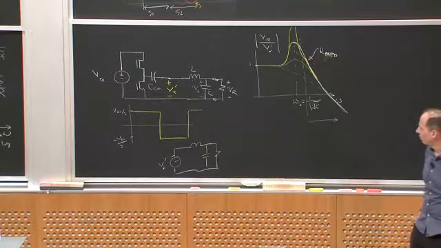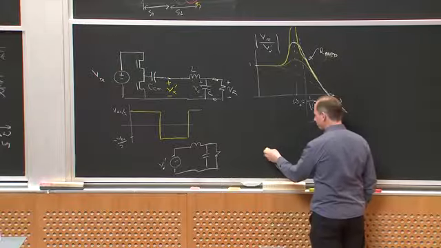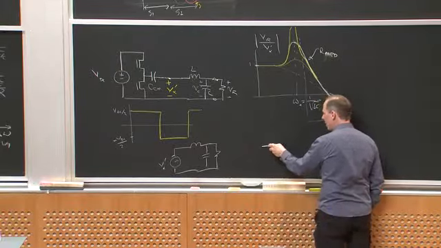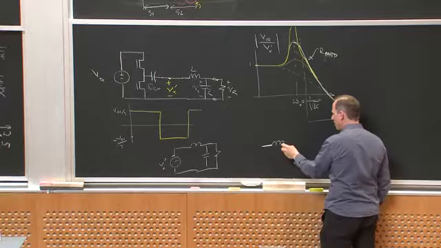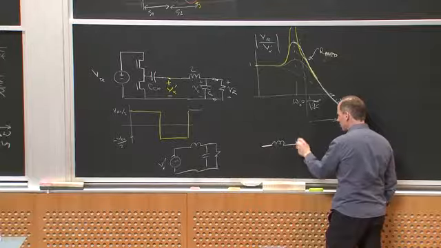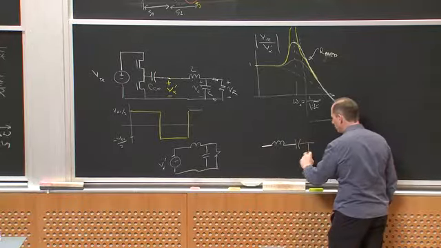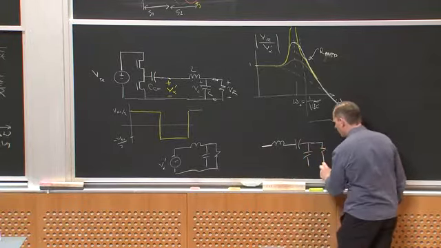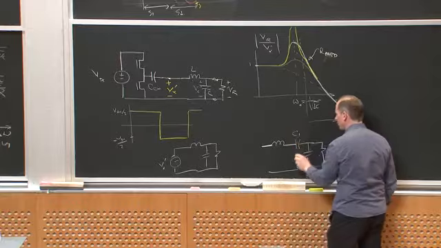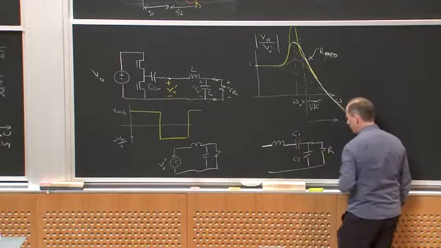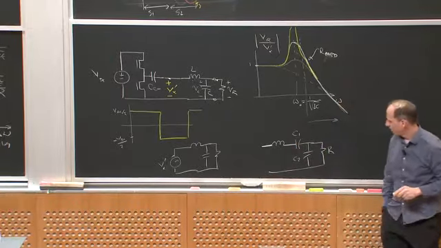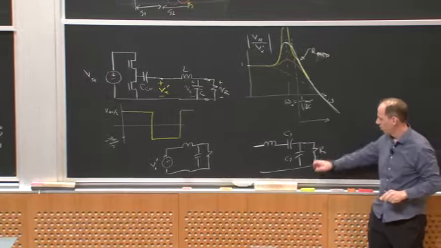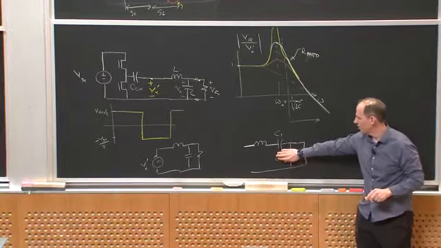So for example, one thing people might do is have a network that looks like this. I'll have two C's and an R. So maybe I'll call this C1 and C2, and this is R. If R is small, then it shorts out C2, and I can ignore that.